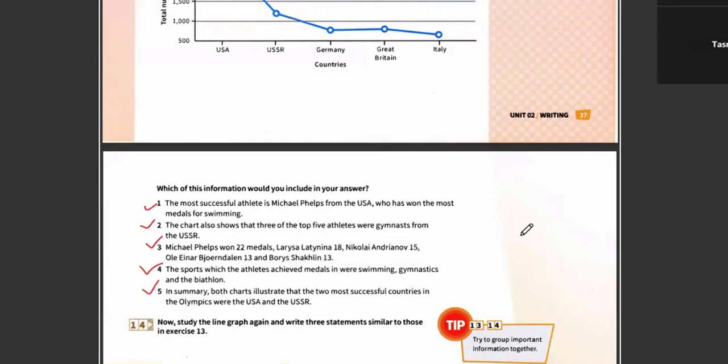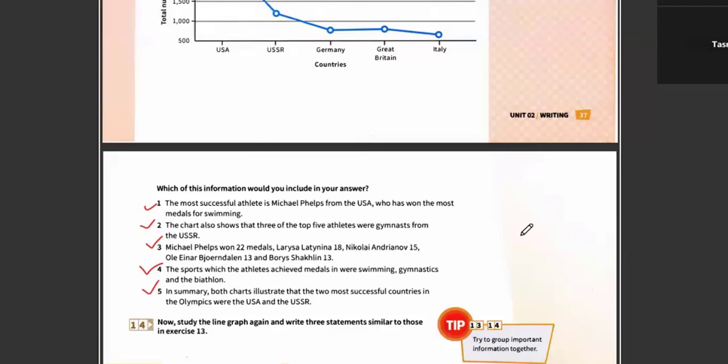So the first sentence says the most successful athlete is Michael Phelps from the USA, who has won the most medals for swimming. Number two, the chart also shows that three of the top five athletes were gymnasts from the USSR. Number three, Michael Phelps won 22 medals, Larissa 18, Nikolai 15, Ole 13, and Boris Shaklin 13.